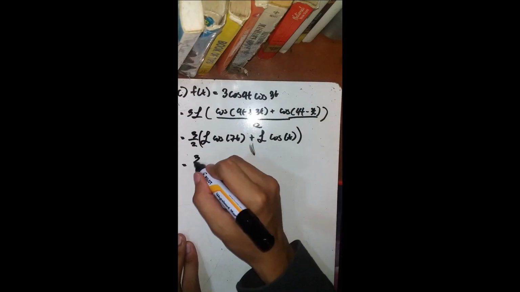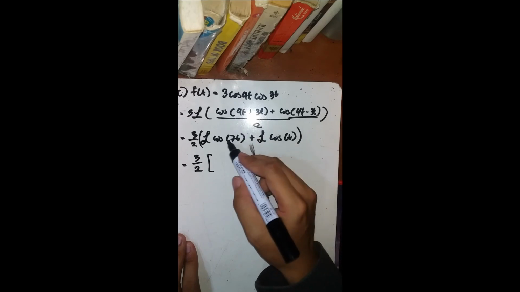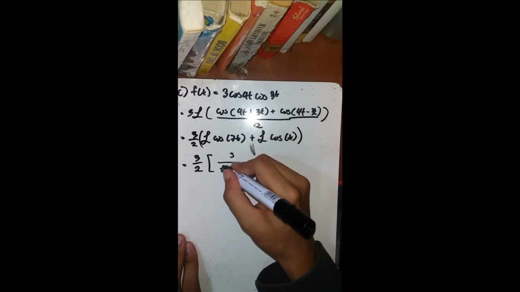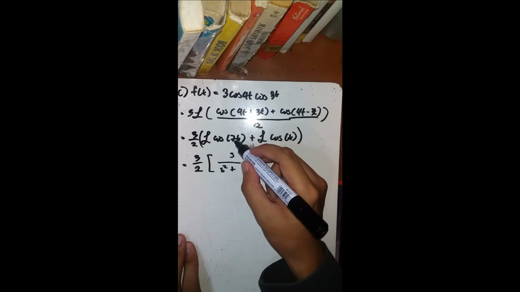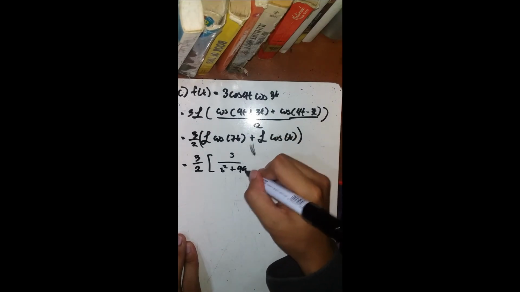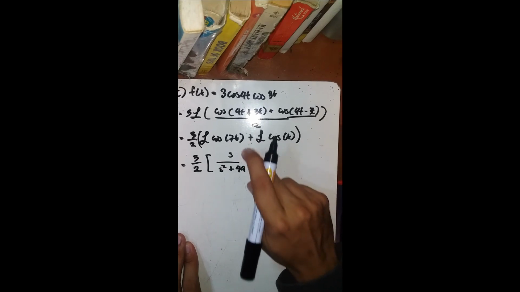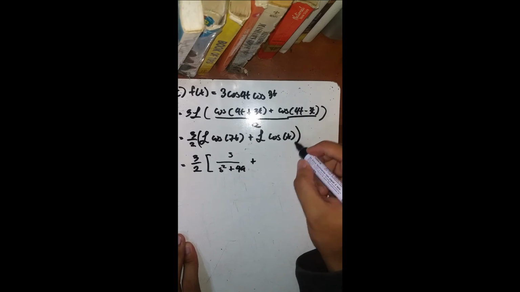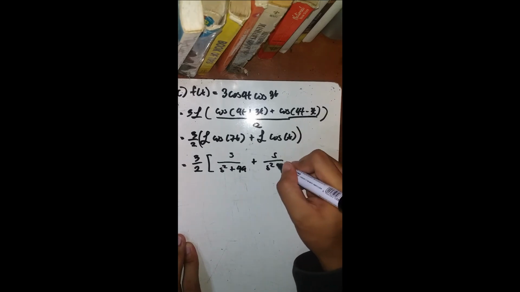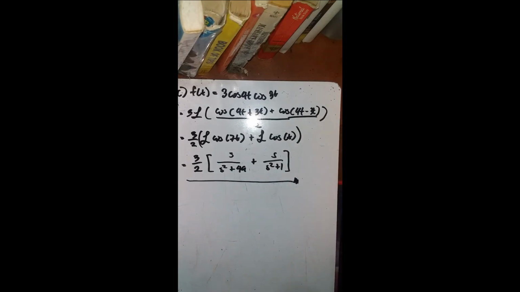Now we have 3 over 2 multiplied by, so cos at is s over s squared plus 7 raised to 2, that's 49. Then plus cos t, so this will become s all over s squared plus 1. And this will be your final answer for letter C.